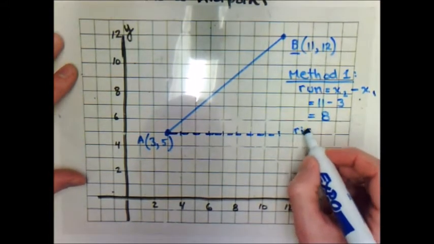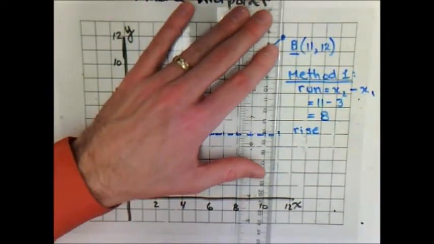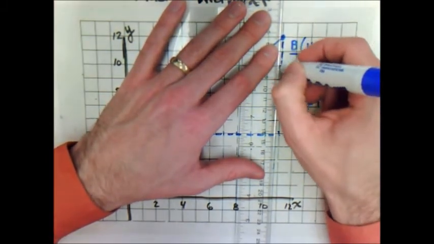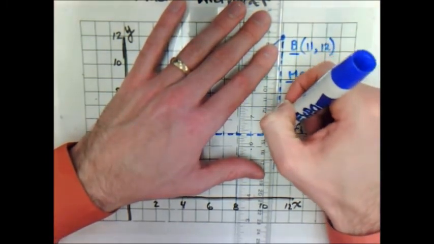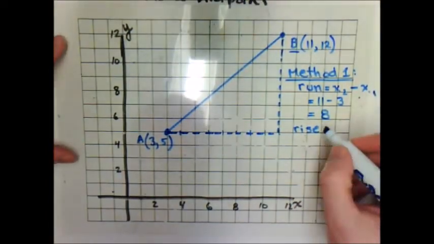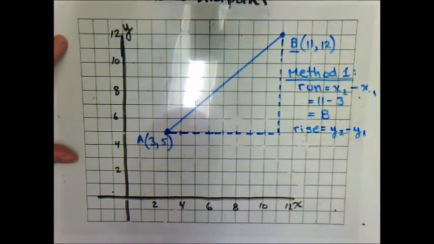The rise, you can represent by another dotted line here, going from just our vertical change between A and B. There's our rise. Our rise is equal to y2 minus y1.